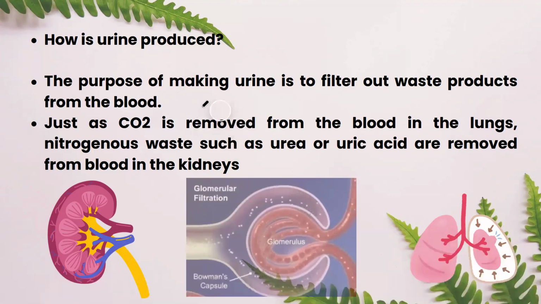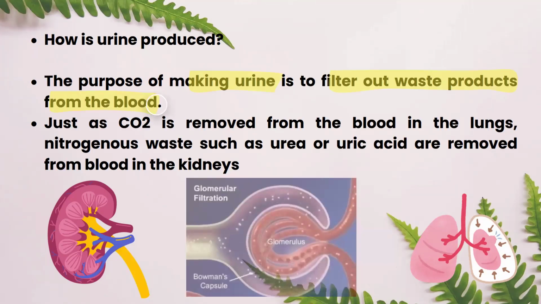It helps in making urine. How is it making that urine? By filtering out the waste products from the blood. The filtration happens, and the waste material comes out of our body in the form of urine.